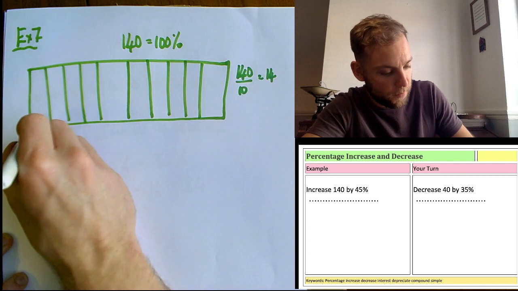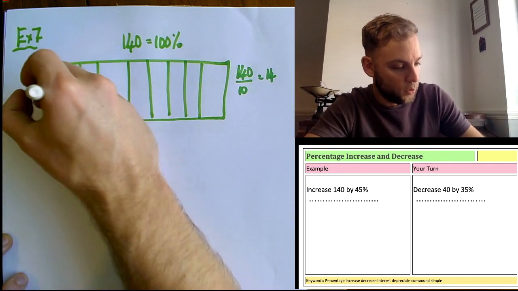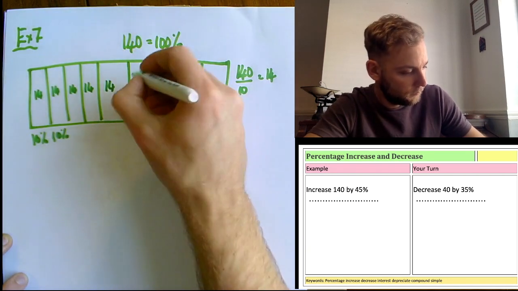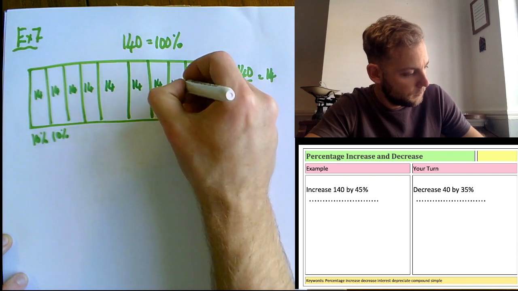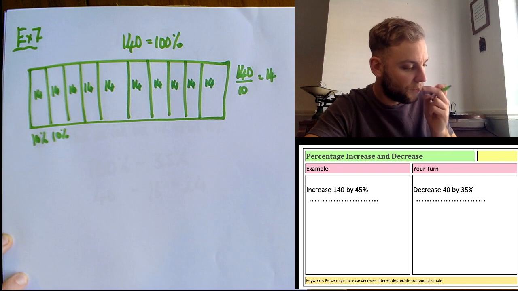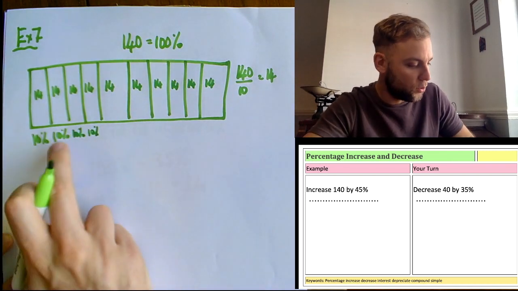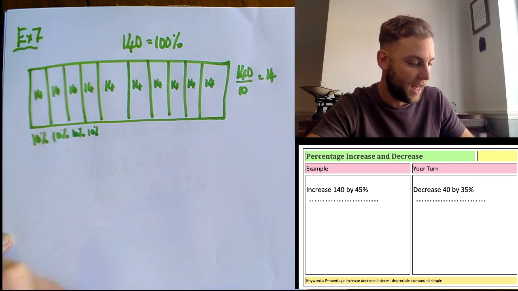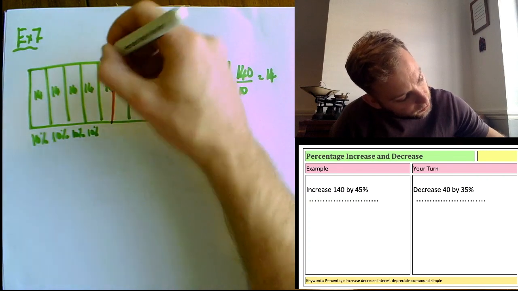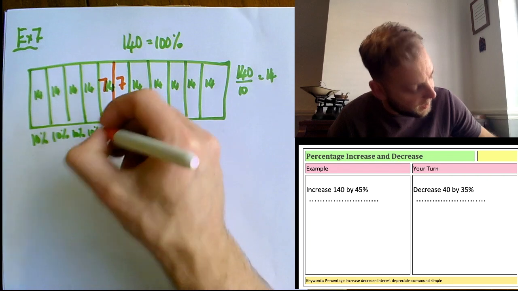Remember, these are worth 10% each. So these are worth 14, 14. If I want to find 45%, I know I'm going to need 1, 2, 3, 4 lots of 10, and half of one of these, which is 7 and 7, which is going to be my 5% there.